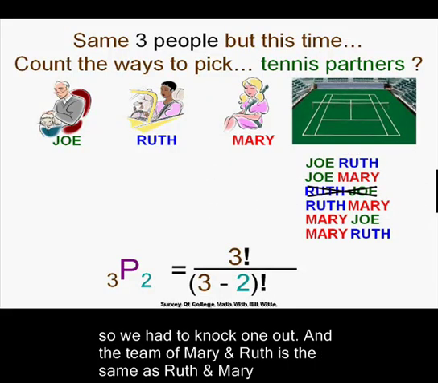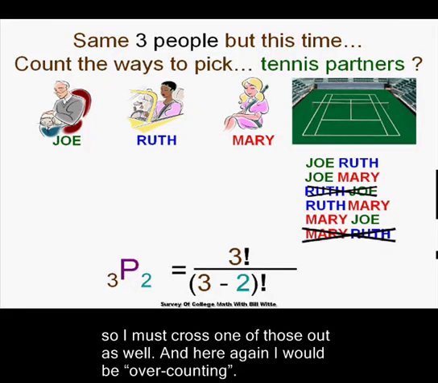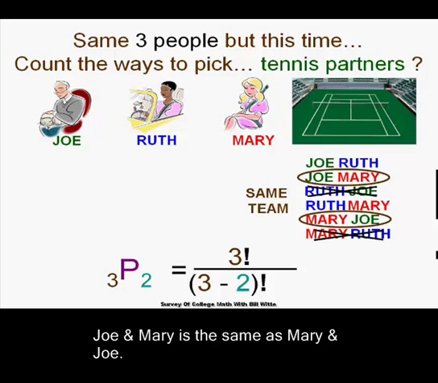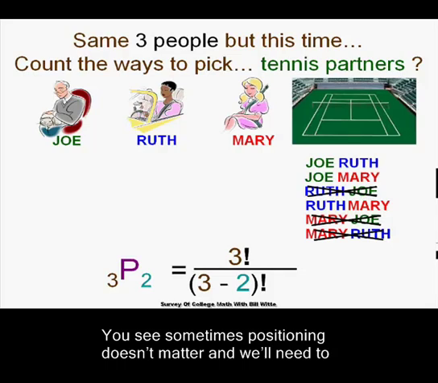So we have to knock one out. And the team of Ruth and Mary is the same as the team of Mary and Ruth. So we're over-counting, aren't we? Once again, the team of Joe and Mary is the same as Mary and Joe. So we have to wipe one out. As you can see, we only have 3 possibilities for teams for tennis partners.